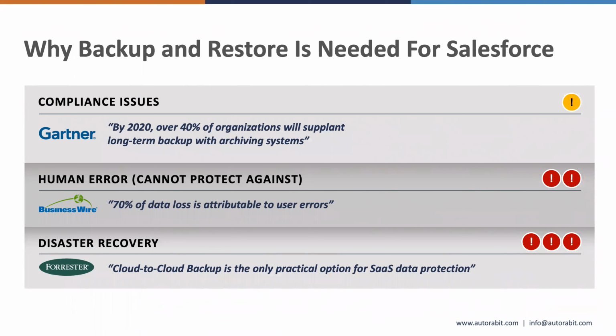So what we're looking at is, why do we need an external backup and restore solution from a Salesforce perspective? Most of you have been working with multiple regulatory bodies, for example, like HIPAA and FINRA. They do require you to have immutable backups, and according to Forrester, the regulatory fines are skyrocketing.